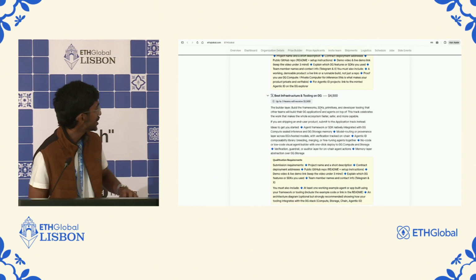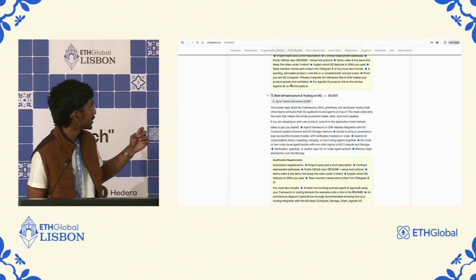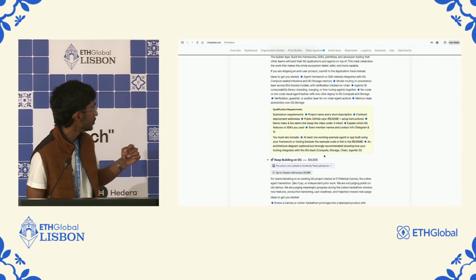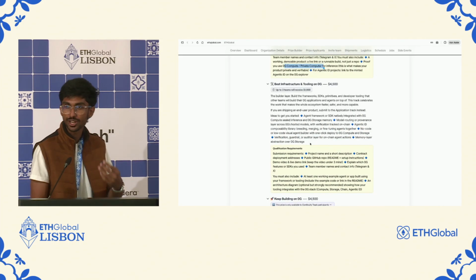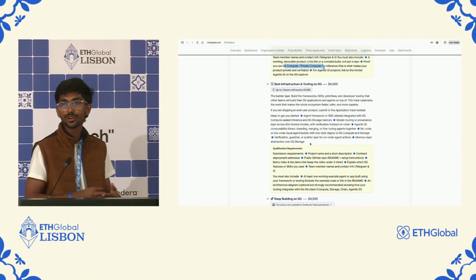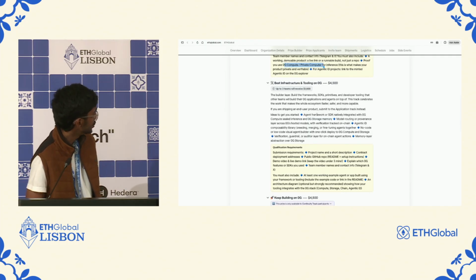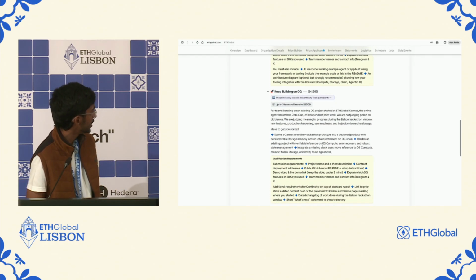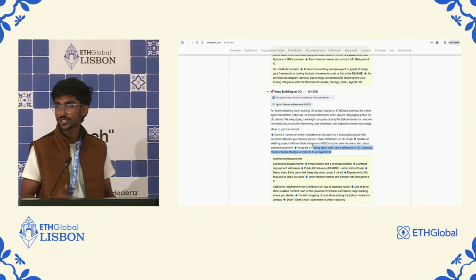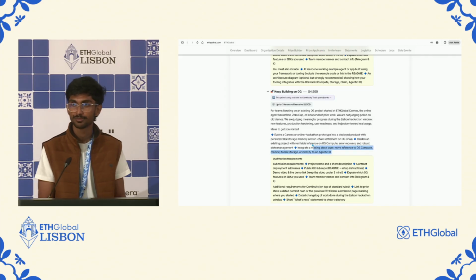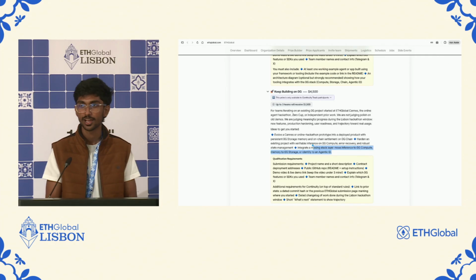It's going to slightly change, because for one track we may require a proof of 0G compute usage, and for the other track it's going to be an architectural diagram or just a workflow of your infrastructure, so that people who are trying to build or use your SDK find it easier. So you can go through these examples, and this is just any projects that you are building prior on 0G. Just let me know if you have any questions at the booth.